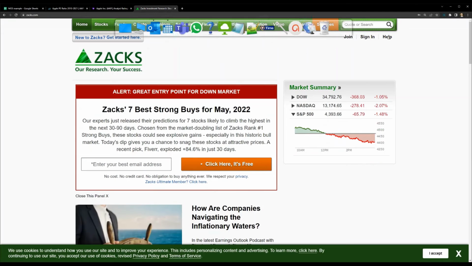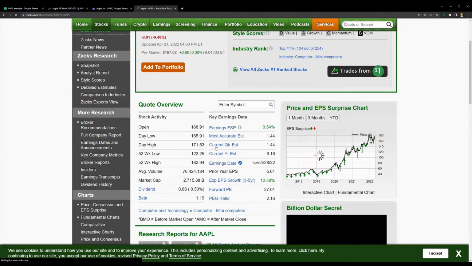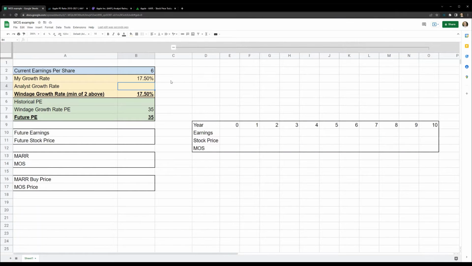I also like to pop over to a site called Zacks, where again, you pop in the ticker, and what they give you is expected EPS growth 3 to 5 years: 12.5. So we've got just over 10, just over 12. Because from my research I was coming up with 17.5, I'm probably going to use 12 here.